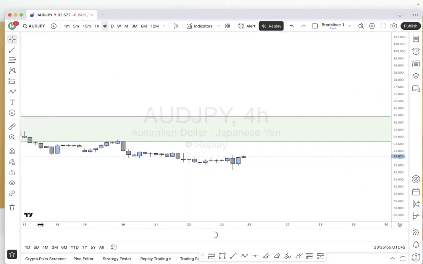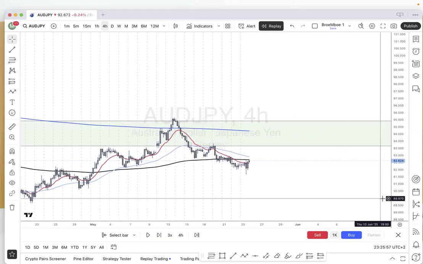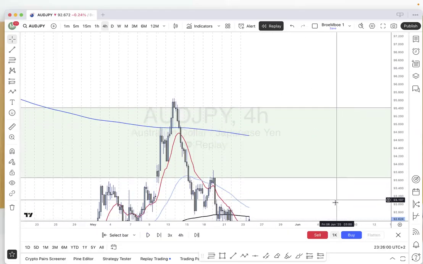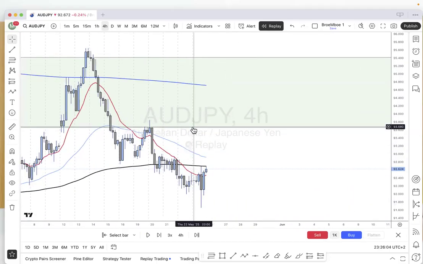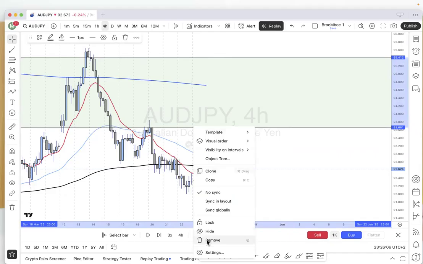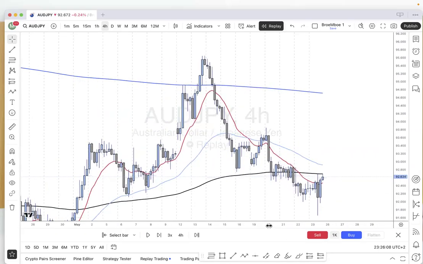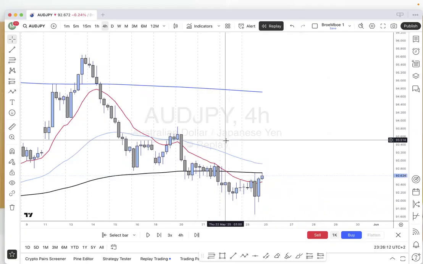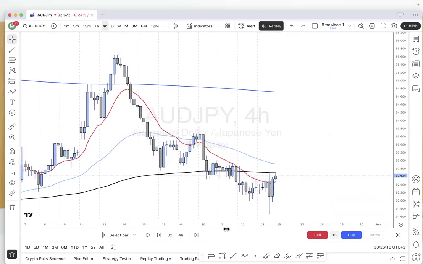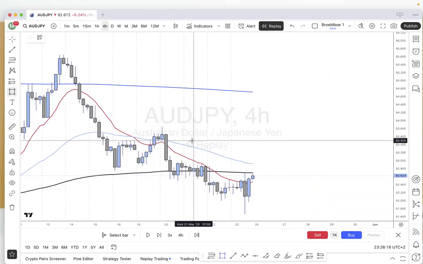So I went straight to H4. I will just delete this for a second. So now that we are in H4, what are we looking for? I said, number one, the area where we might pull back to is the one over here.